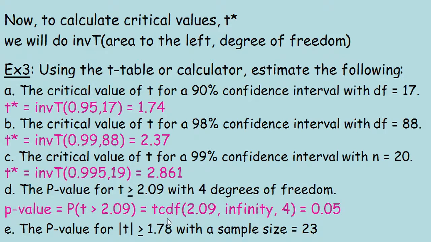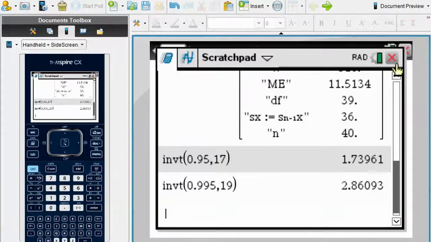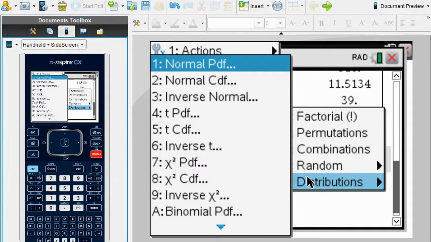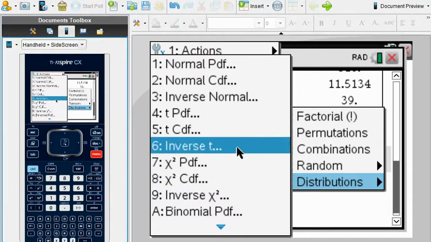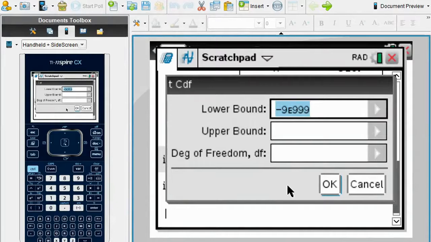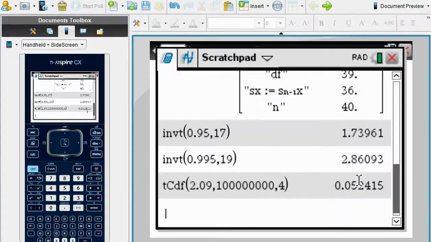We'll find the probability that t is more than 2.09 by doing menu, probability, distributions. But this time, instead of the normal CDF, you look for the TCDF. You want it greater than 2.09, comma infinity. Then you still need to type in your degrees of freedom, 4. And that gives you a p-value.